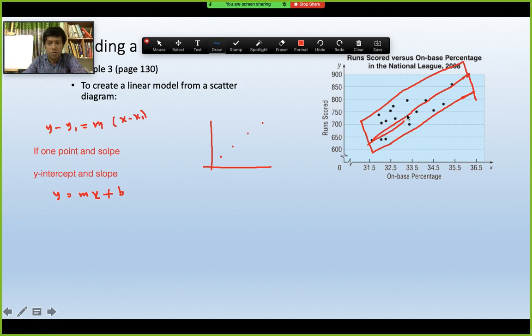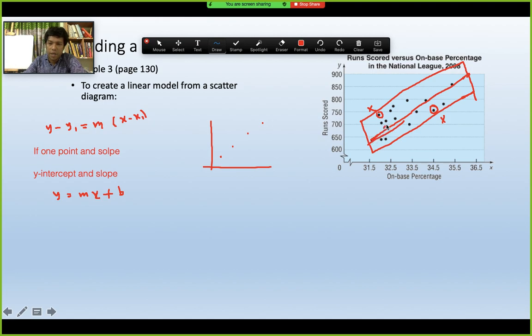Try to find any 2 points from the middle of the data. You cannot choose this one. Suppose this point, you cannot choose this point. They are just like outliers, on two different sides of the data line.